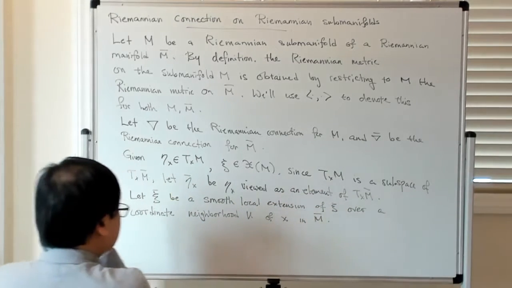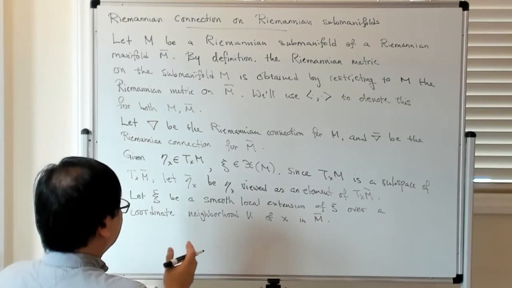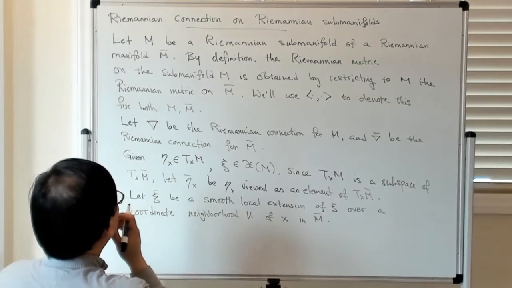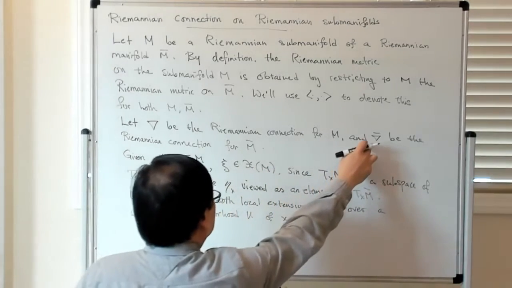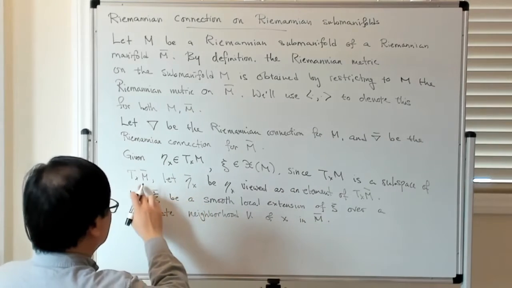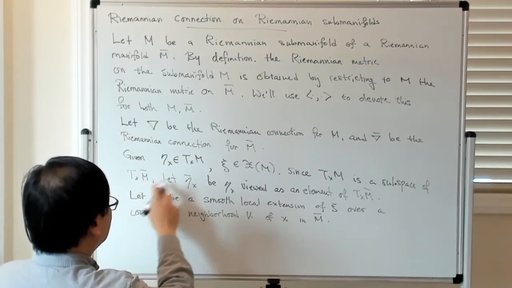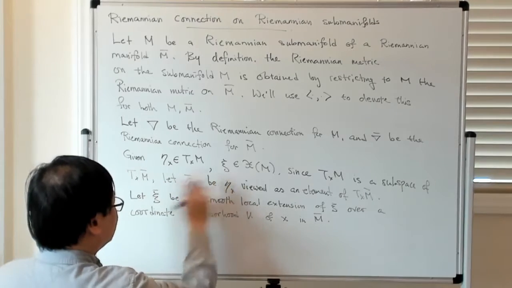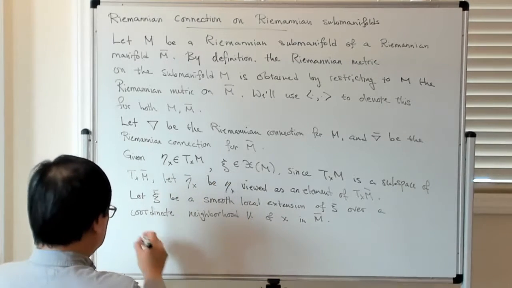All right. Now we're in a position to look at how the Riemannian connection nabla bar acts on the inclusion of the vector and the smooth extension of the vector field.